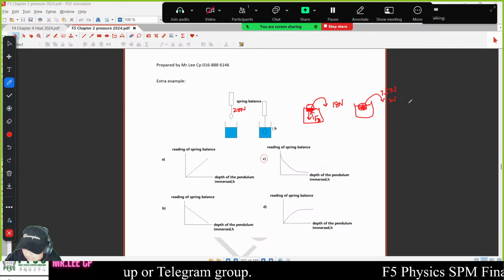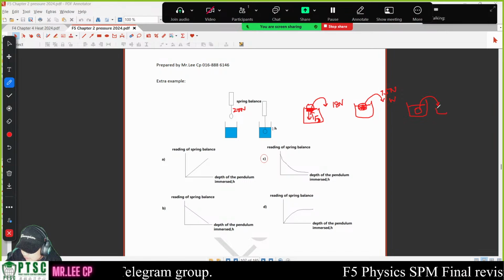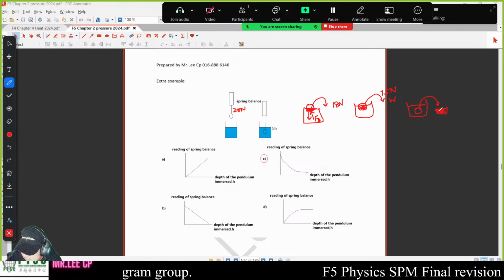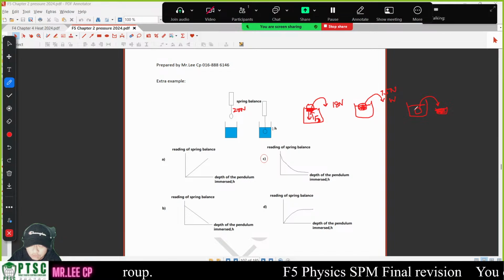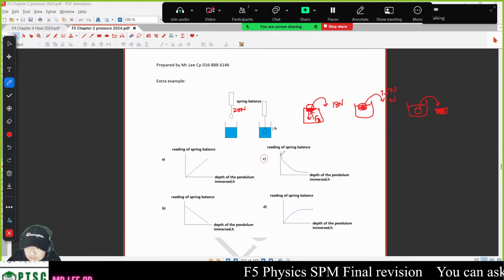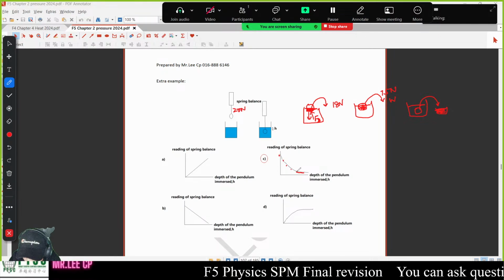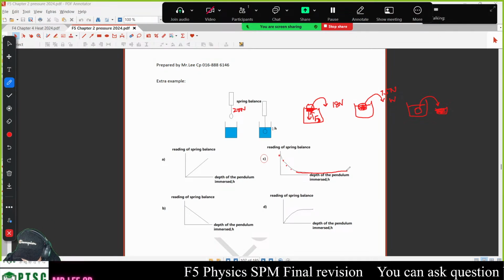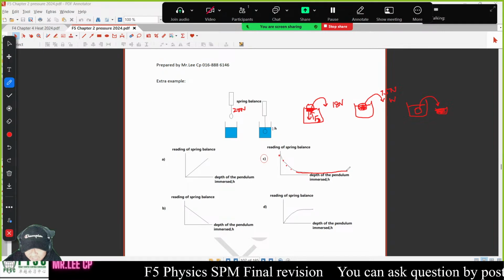After it is fully in, the water displaced remains the same, because there is no more space for the pendulum bob to occupy. So the reading will be 20, 18, 16, 15, then 5, 5, 5. It will be flattened.